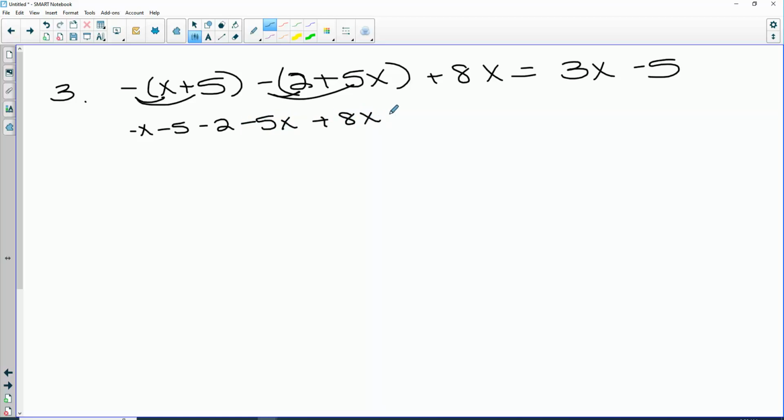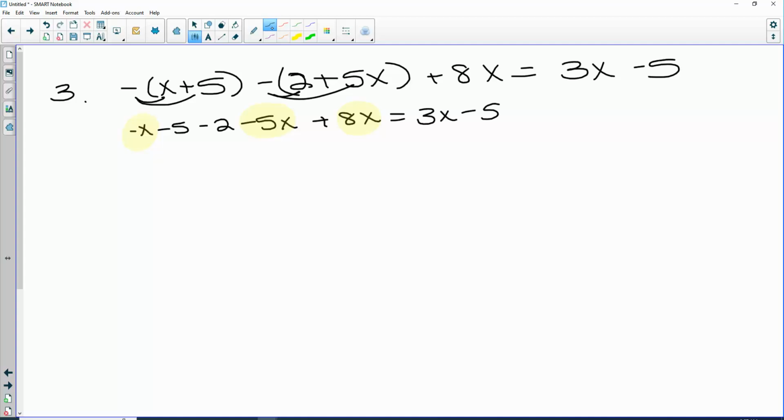Still have this 8x equals 3x minus 5. I want everybody to pay attention right here. This is the number one place where I see mistakes. All of these x's are on the same side of the equation, so all we are doing is combining them. You only have to add x if you're moving it to the other side.